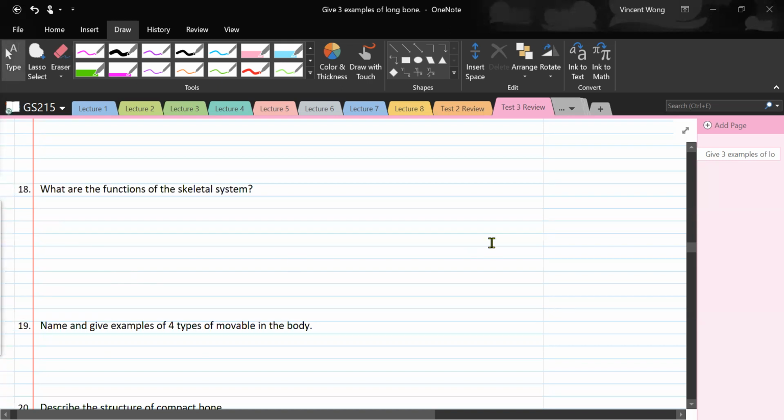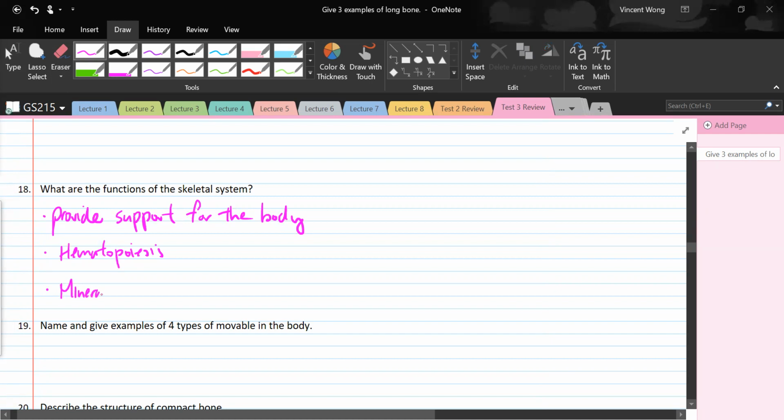18, right? Function of skeletal system. So things like, provide support for the body. Hematopoiesis, production of new blood cells from the bone marrow, right?